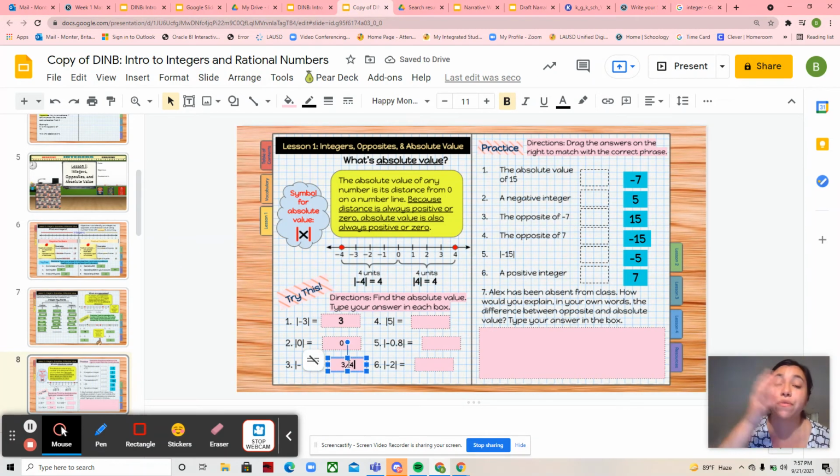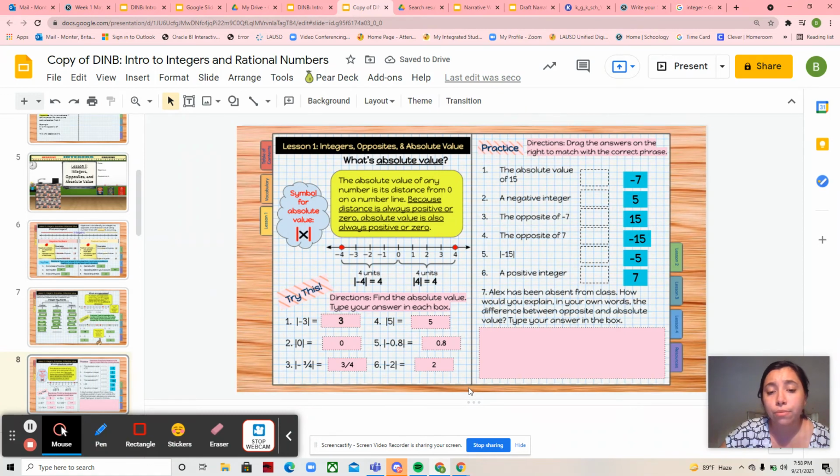Because you're just moving 1 and 3/4 from the 0. You have 5, so that's going to be just 5. Negative 0.8 is just going to be 0.8. And negative 2 is just going to be 2. All right. So again, we're just moving from what is the 0 over to whatever. It's not positive or negative here, okay? So just remember that.